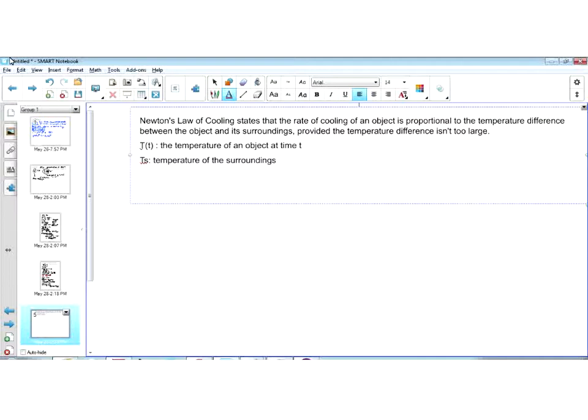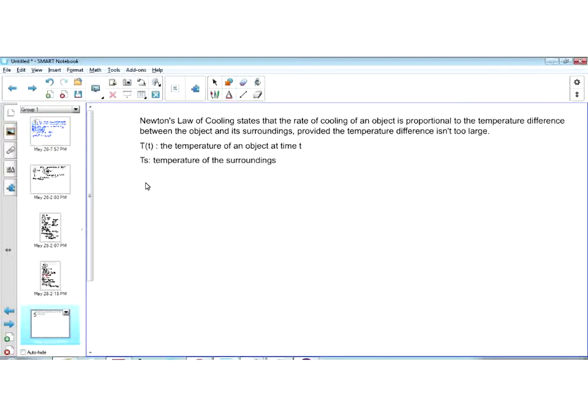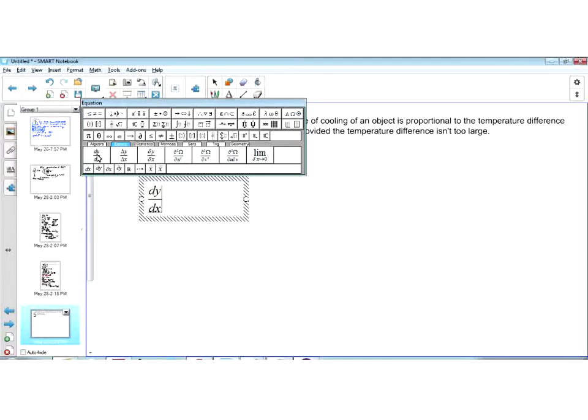Then we have the differential equation, which is not the same, so it will pose a different kind of challenge. The change in temperature with respect to time is equal to your cooling constant times the temperature at the given time minus the temperature of the ambient surrounding.